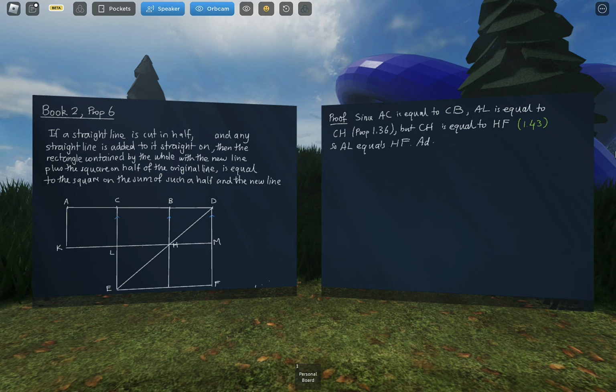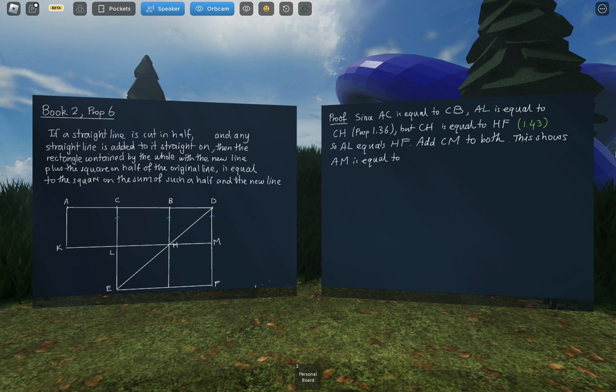Add CM to both. Okay, so AL plus CM. This shows AM is equal to CH, what did I say? AL equals HF.